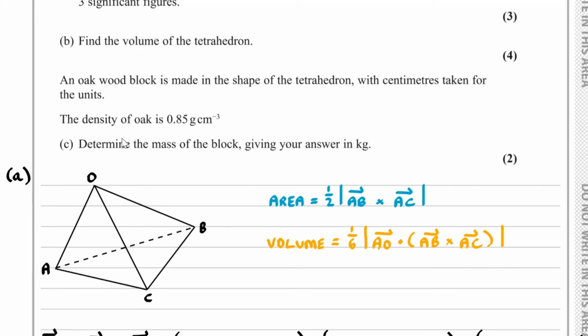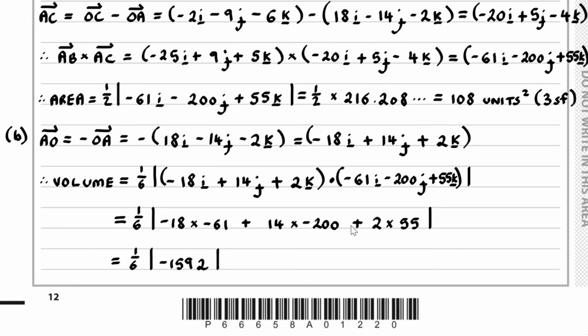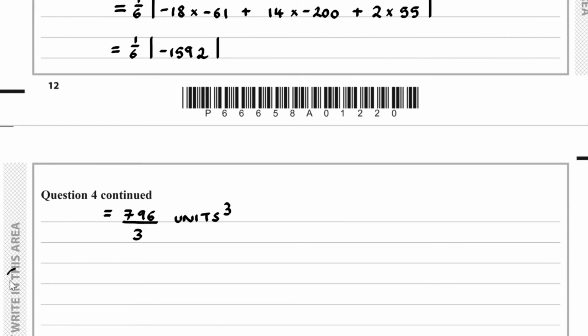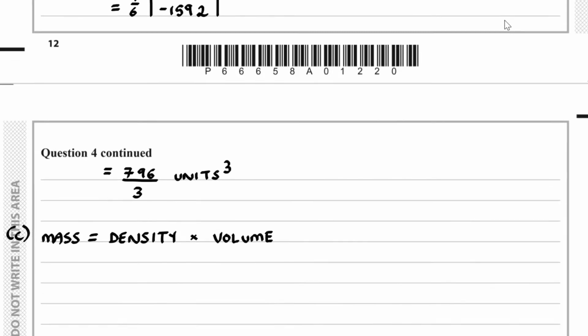And now for part C, the oak wood block is made in the shape of the tetrahedron with centimeters taken for the units. The density of oak is 0.85 grams per centimeters cubed. We have to determine the mass of the block, giving an answer in kilograms. So, for part C, we've got the mass, which equals the density multiplied by the volume.